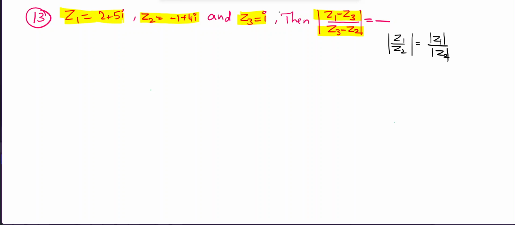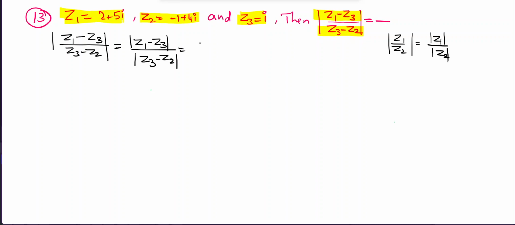This is the formula. So applying this formula, modulus of z1 minus z3 by z3 minus z2 is equal to mod of z1 minus z3 by mod of z3 minus z2.